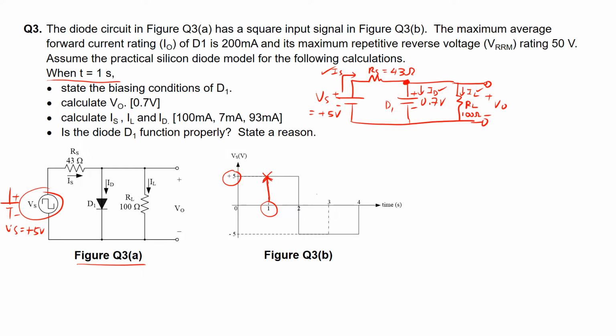Since the current ID is entering from the positive terminal of the diode itself, the diode D1 is forward biased, and hence is replaced by a battery of value 0.7 volts. From this equivalent circuit, we should proceed to calculate V naught and the rest of the questions. So let me put down here: D1 is forward biased.